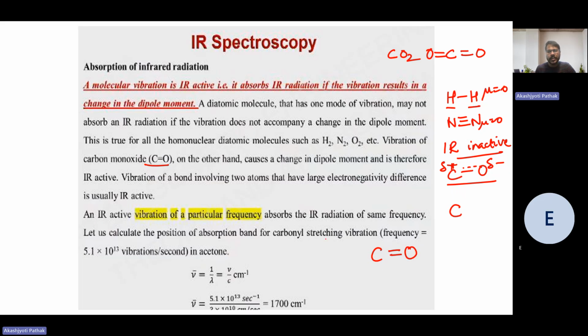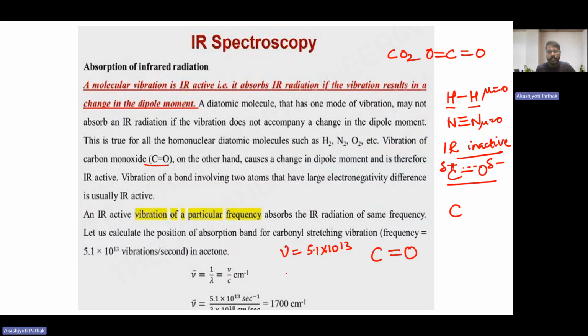For carbonyl stretching, the frequency is 5.1 into 10 to the power 13 vibrations per second. So if you want to calculate the position of the absorption band, how will you calculate that? You know the frequency, 5.1 into 10 to the power 13 vibrations per second.